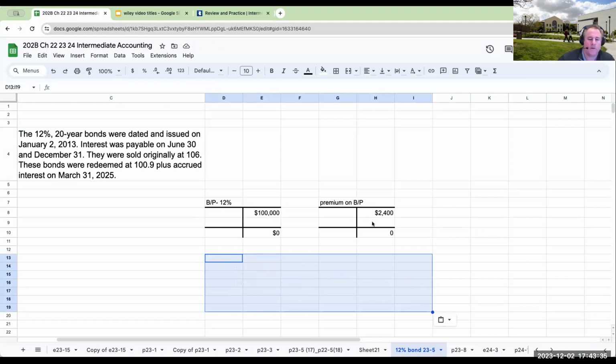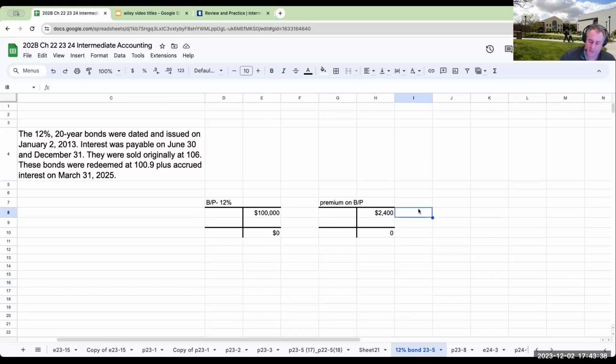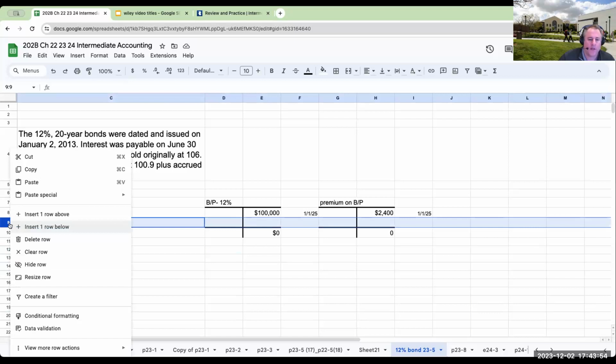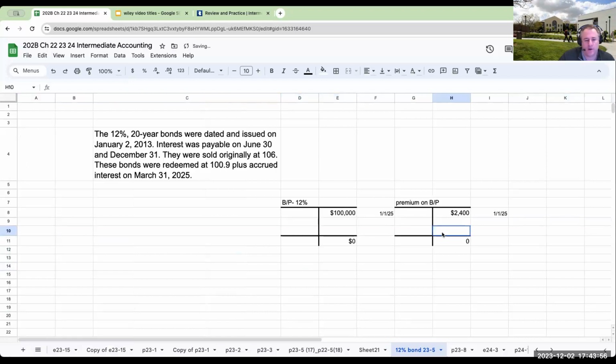So what we want to do first is note that this balance here is as of 1/1/25, or excuse me, 1/1/25. If you're on the other book, it's going to be 1/1/20. Ultimately, we're going to have to get rid of these items over here and figure out something with them.